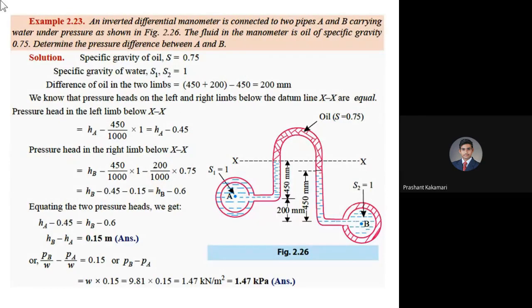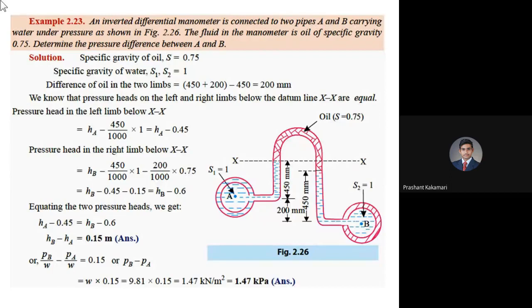Okay, now we are bothered about how to write these equations so that we can find out pressures or the head. Now coming to this example, from the sketch one can understand pressure A is more than pressure B. Yes or no? Because the water in the pipe A is trying to push upwards the oil which is present in the manometer.